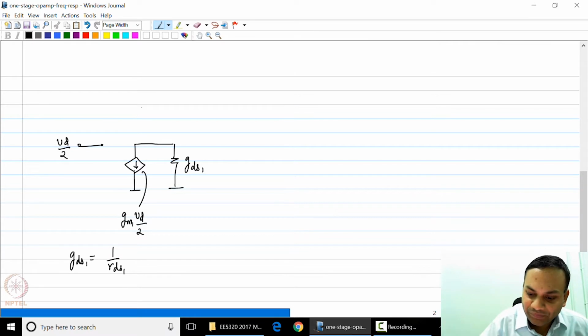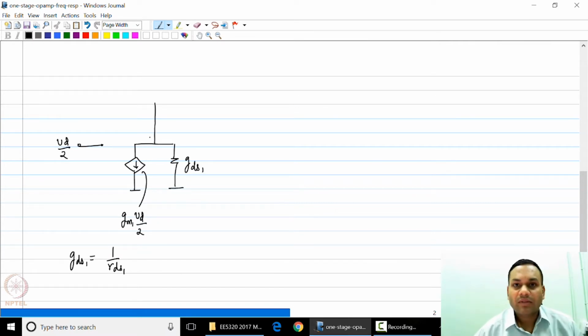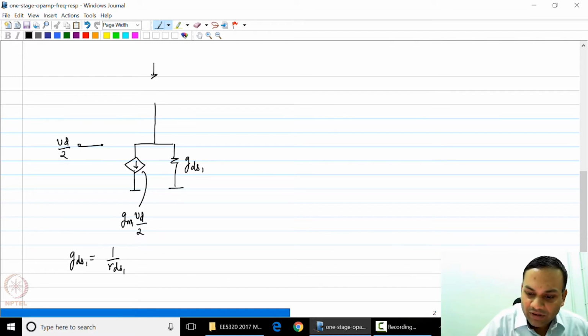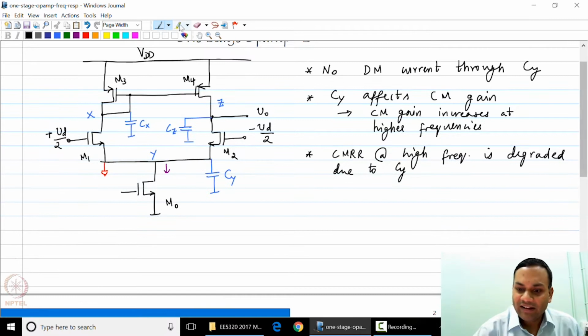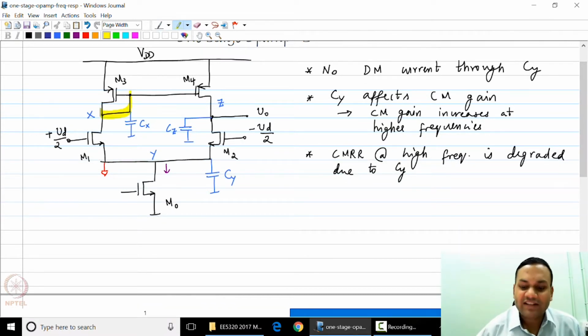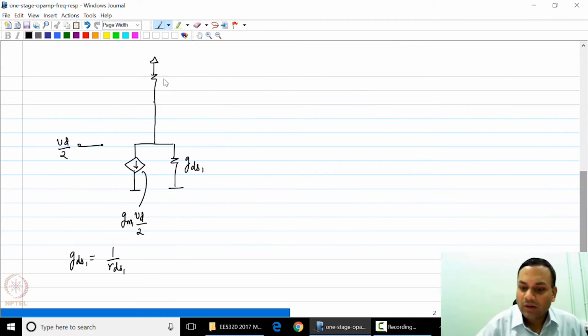At node X, we now have 3 impedances connected up. Due to the drain and gate of transistor M3 being connected, we find that the conductance that it presents is gm3 plus gds3.